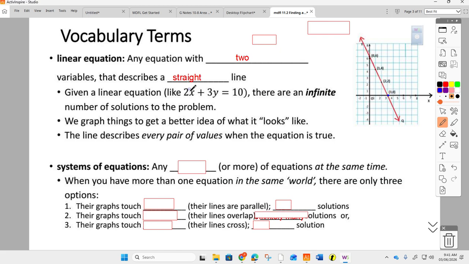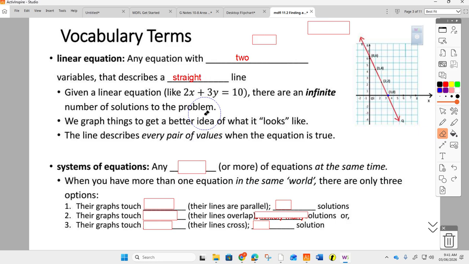If I plug 3 in here and 0 in here, the left side will equal the right side. So if we plug 3 in there, 2 times 3 is 6, plus 3 times 0. Oh, did I do that right? Yeah, that's not the equation for this line. But anyway, if that were the equation for that line, it would make it true. That's weird. Okay, anyway, we graph things to get a better idea of what it looks like.